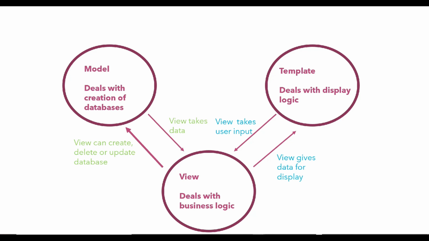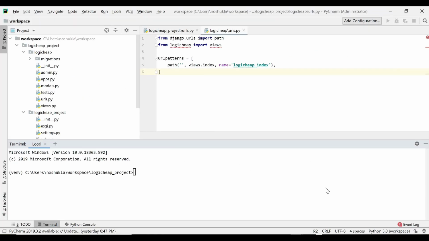Now, view can also interact with the model for creation, deletion, or updation of the database, and view can also take user input from your template. So that's how these three components are related to each other. If you see here, we have models.py dealing with the models, and we have views.py dealing with all kinds of business logic.